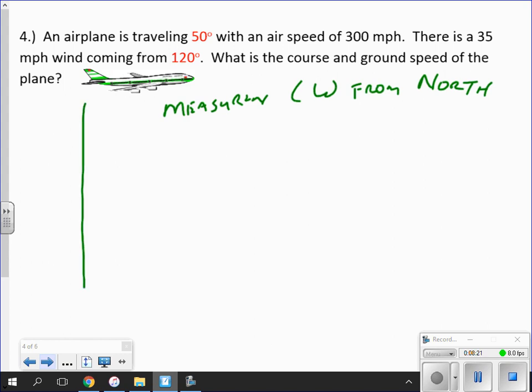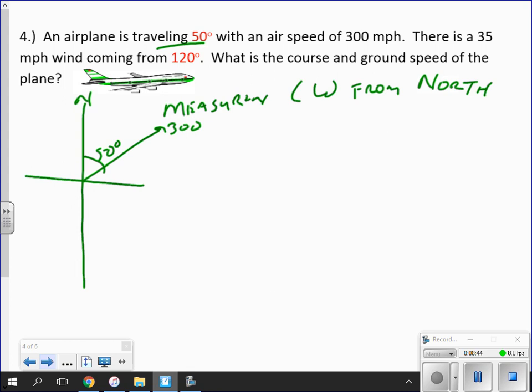So we set up an XY system and we're traveling at 50 degrees with an airspeed of 300 miles an hour. So we start here, due north, and we want to come 50 degrees off of that. And that's the result. That's the vector of the plane that we have.